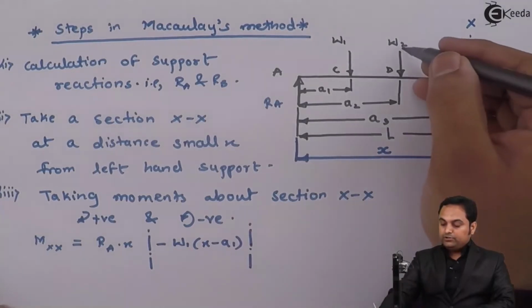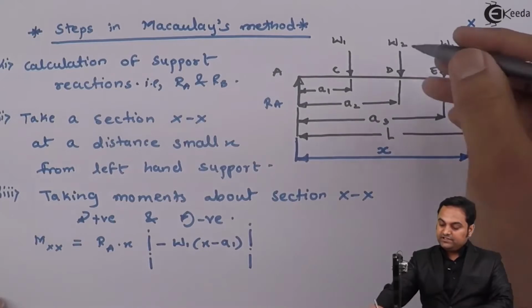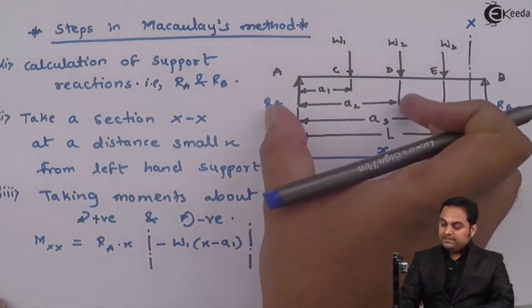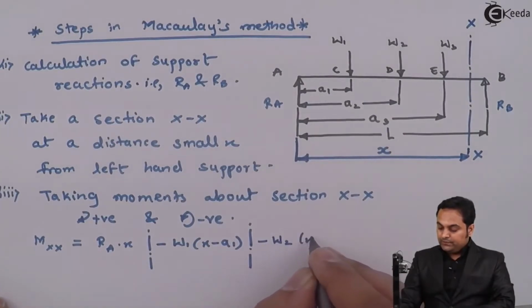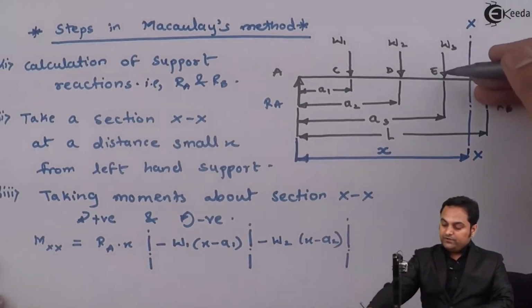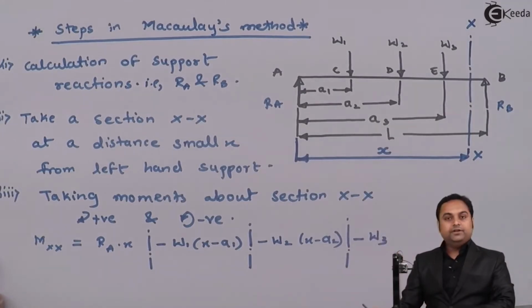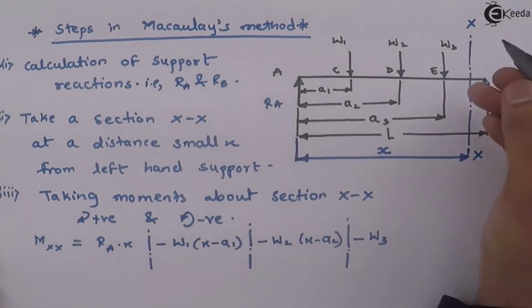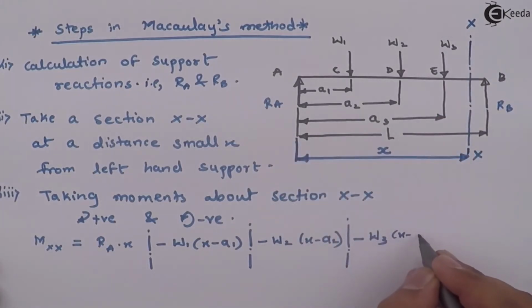Next, W2 is also producing anti-clockwise moment, and the distance between XX section and W2 is x minus A2. So it is minus W2 into x minus A2. Then after this, W3 is producing anti-clockwise moment, so again negative, minus W3 into the distance between W3 and XX section, which is x minus A3.